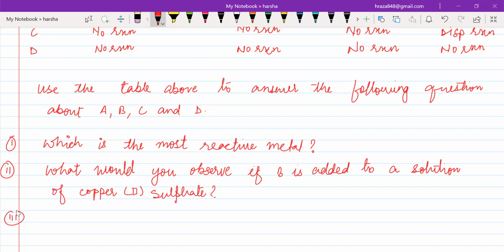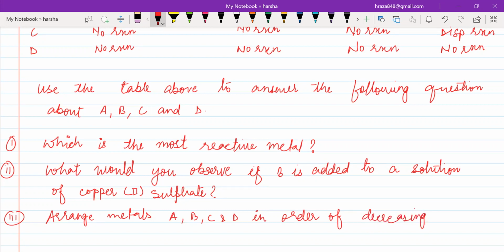The third is, arrange metals A, B, C, and D in order of decreasing reactivity.